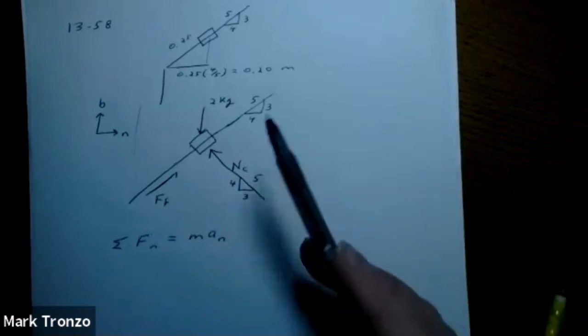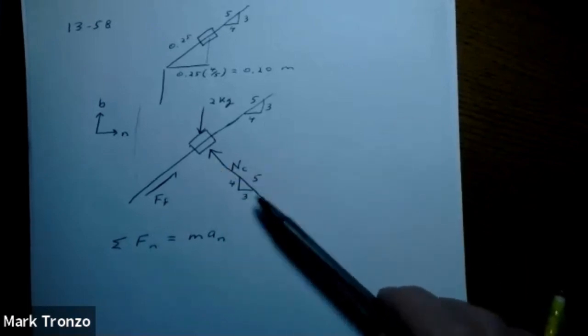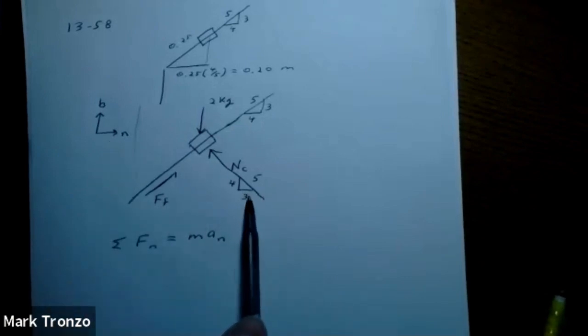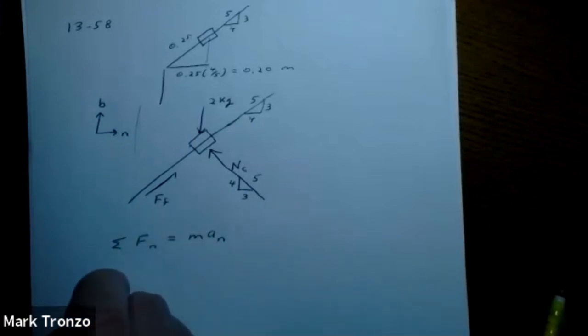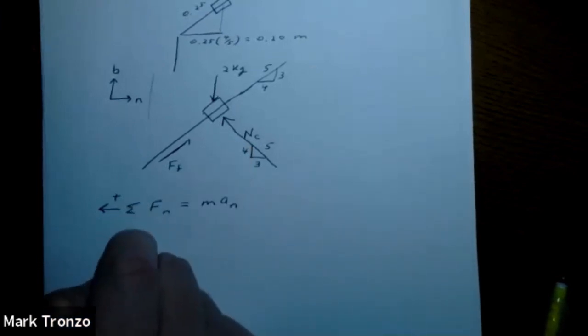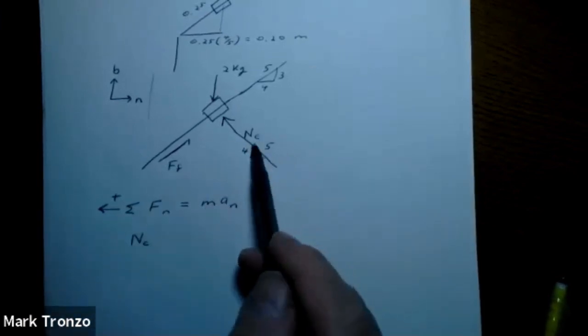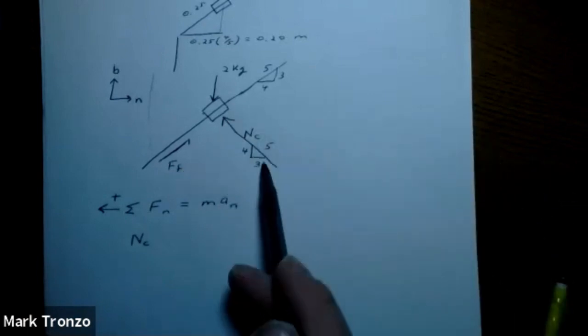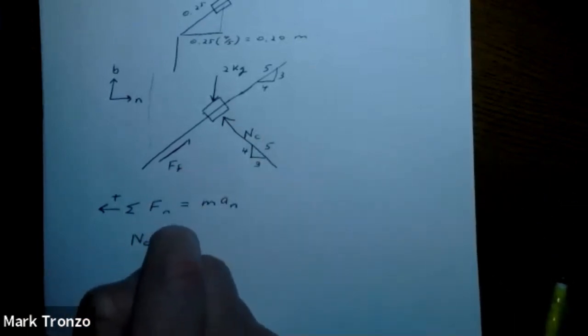This force in the normal direction is going to be, and you can see the way I have the normal here, so to get in that direction we have to use the 3. Let's call this way positive. So we'll do our N_C, pointing this way. To get it in the normal direction, we have to use 3/5.